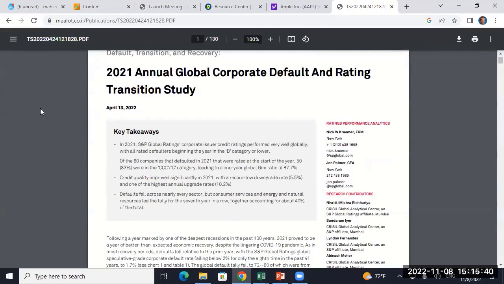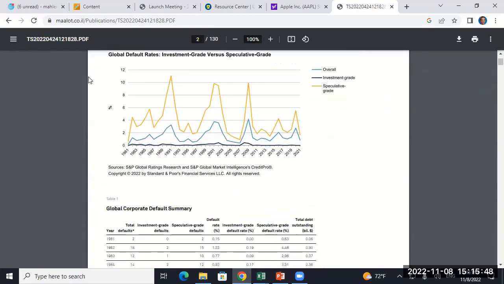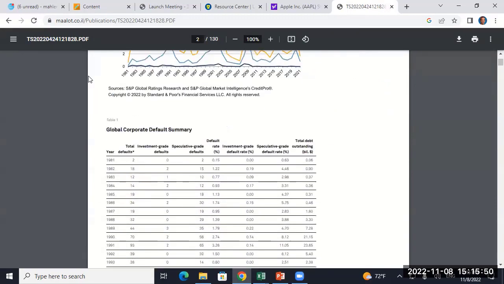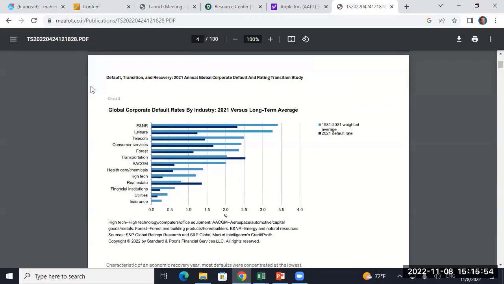Moody's more than S&P. This looks like it might be a good one because it's taking forever to load, so it's probably several pages. Oh, this is S&P. So here we've got a 2021. It's 130 pages, but it's a lot of graphs and charts.